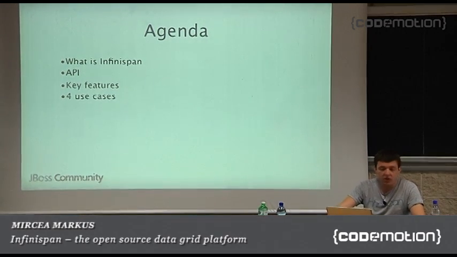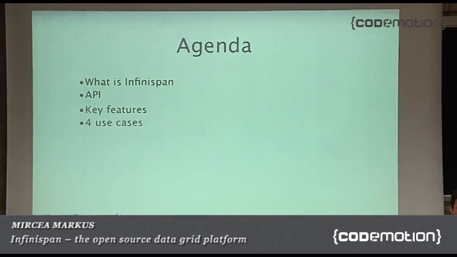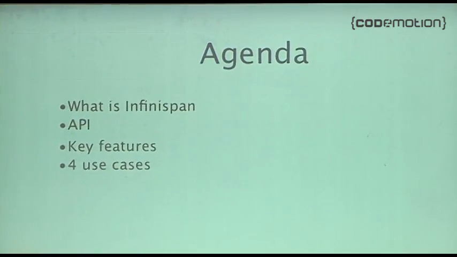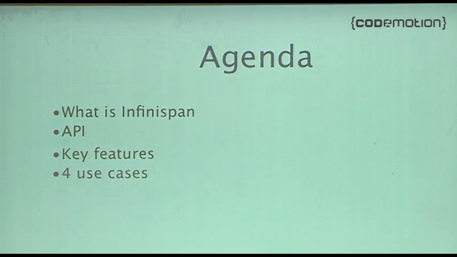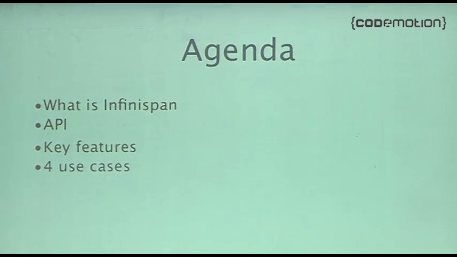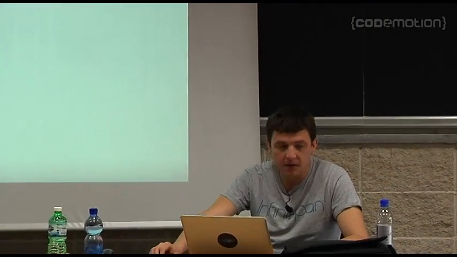These are the topics I'll cover in this presentation. I'll start by talking a bit on what Infinispan is and the way it organizes the data. Then I'll briefly discuss some API concerns before moving over to some more advanced features it has, such as transactions and persistence, querying as well.